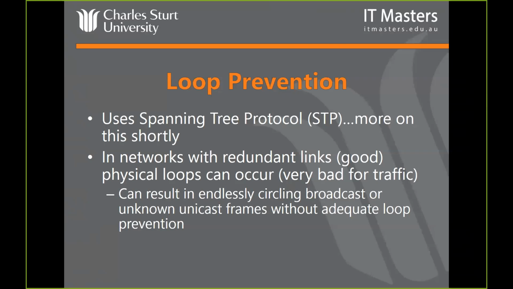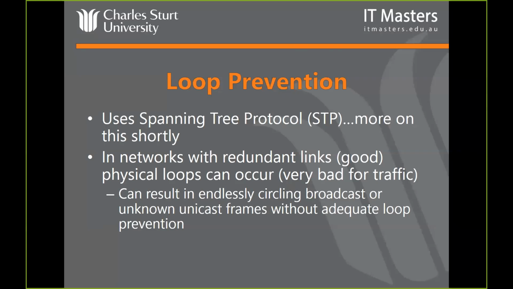In the old days, when we were using lots of stacked hubs, you couldn't really have redundancy, because if you put in cables that went backwards and forwards, hubs being stupid devices that just forward packets, things would endlessly loop around aimlessly forever, and you'd end up with very severe congestion on your network. So switches are a great device from that point of view, because they separate collision domains, and routers help again by separating into broadcast domains.